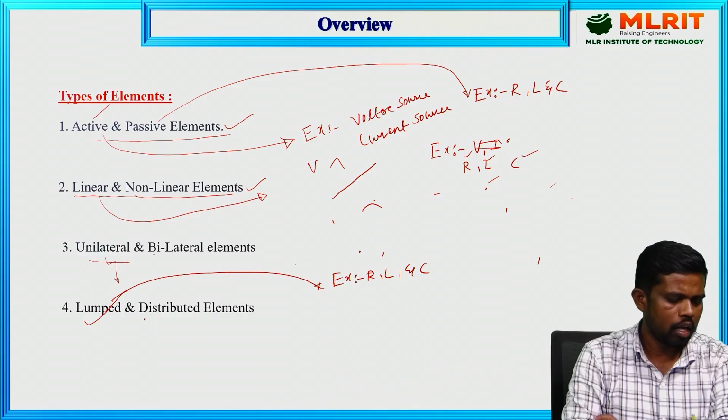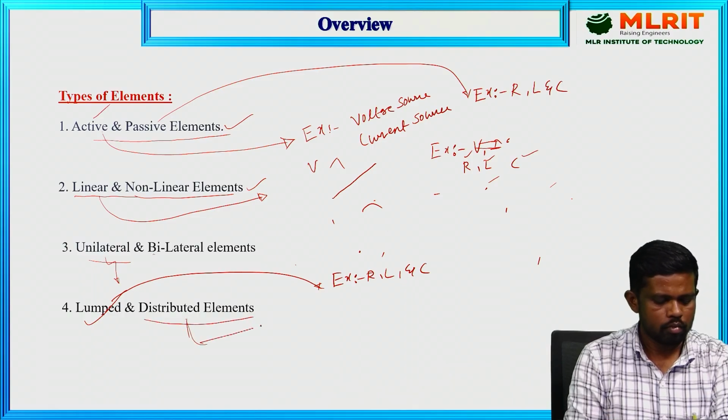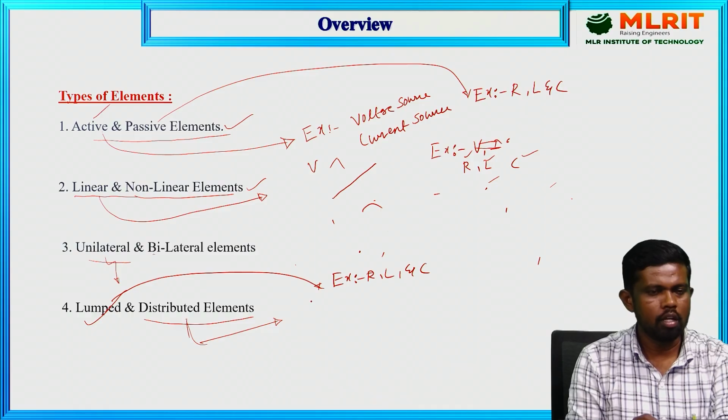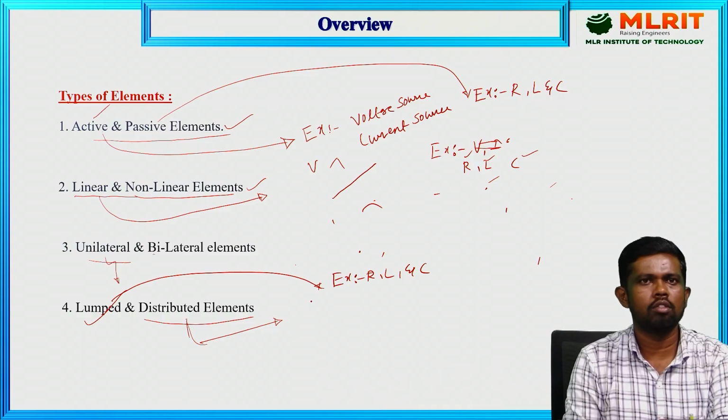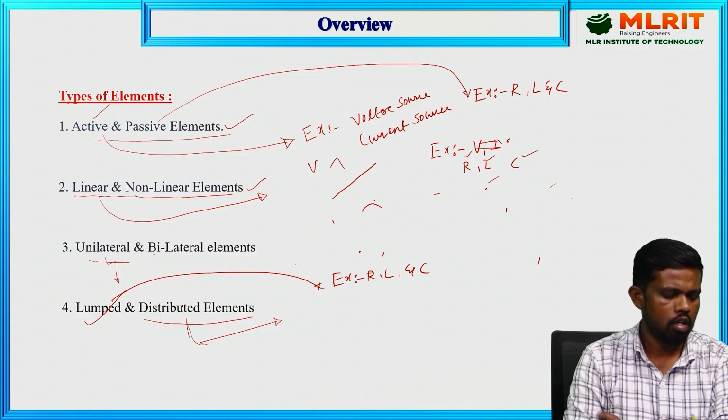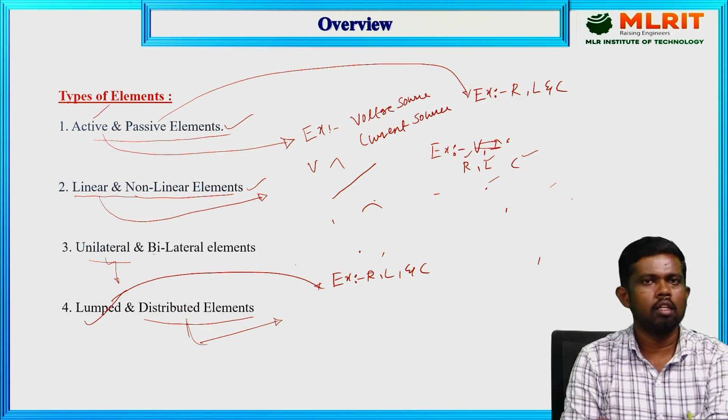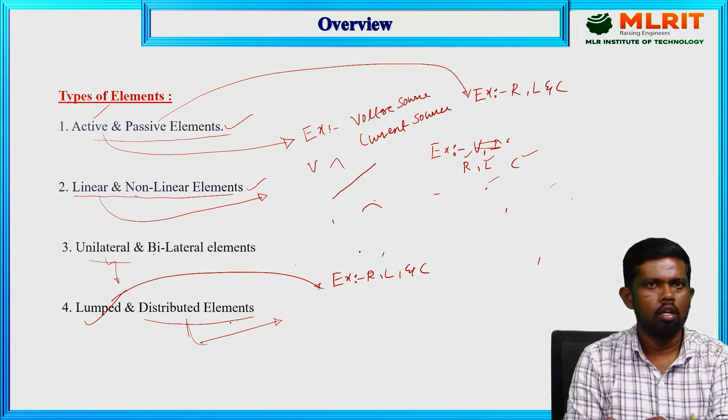Whatever elements in electrical circuits cannot be easily physically separated from the design network are called distributed elements. These elements are large in size and not easily separable physically from the design network.